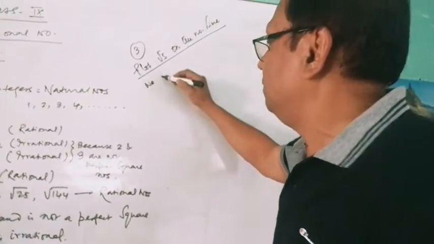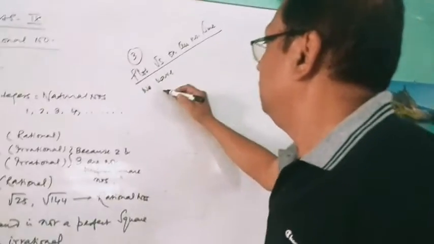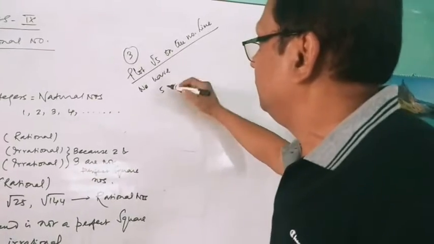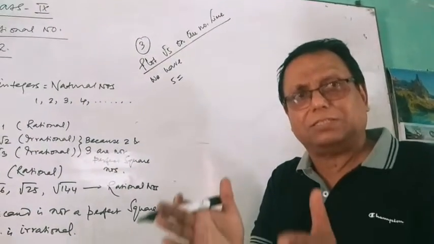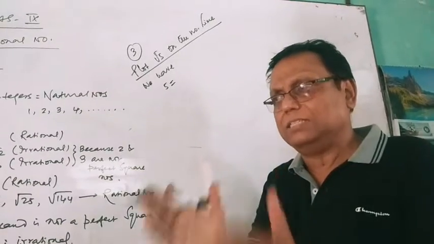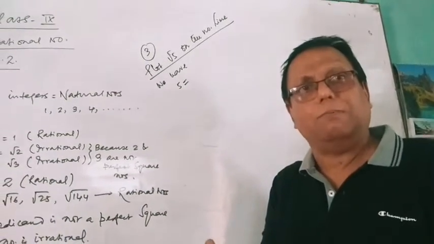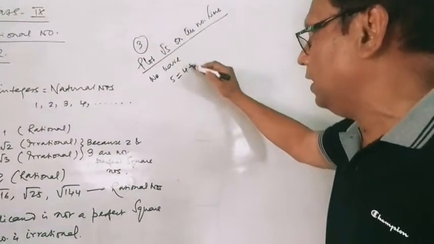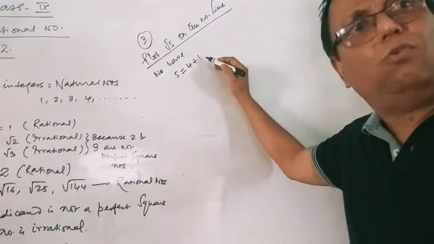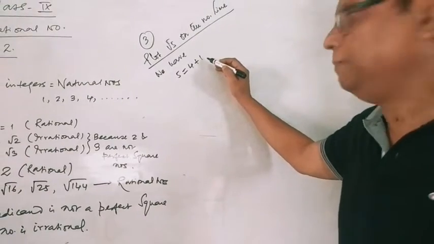Try to express the radicand as the sum of two perfect squares. Very easy. 5 can be written as 4 plus 1. 4 is a perfect square, 1 is also a perfect square.